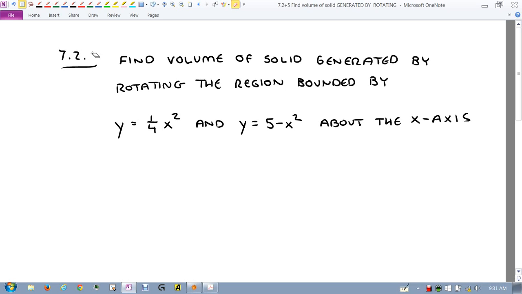If you're doing this in your notes, you don't have to rewrite the whole problem. Just change to say now rotating about, not the x-axis, but about y equals 8.